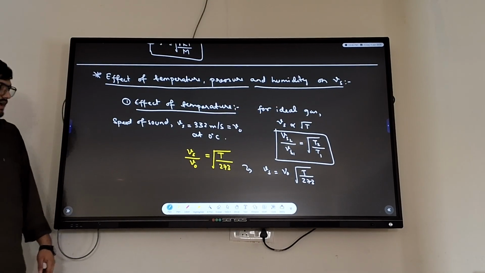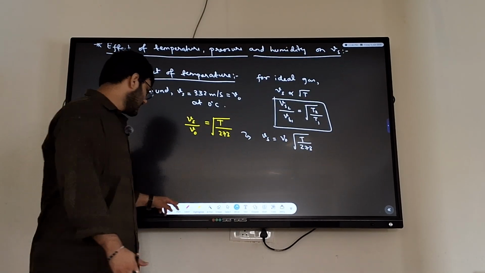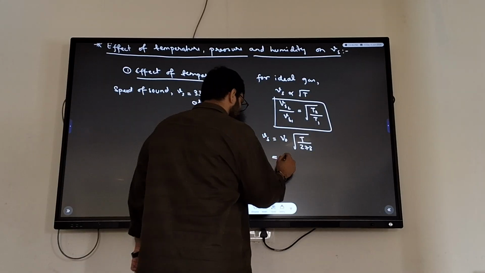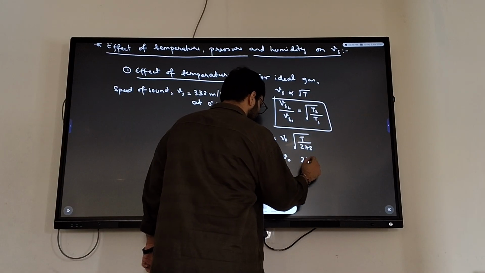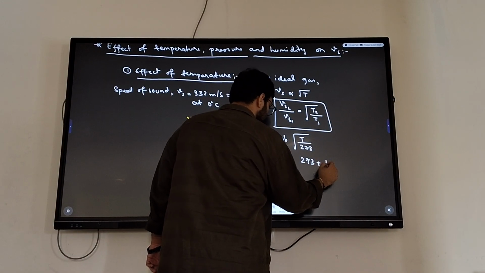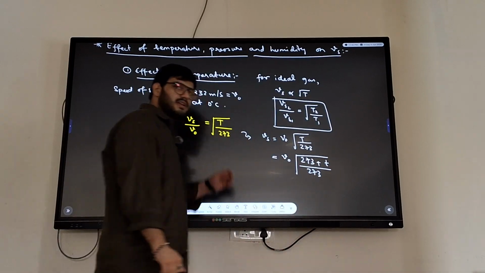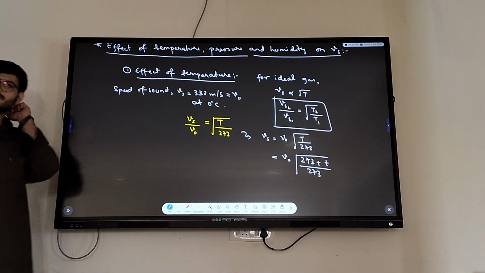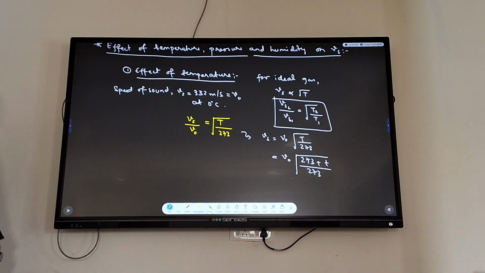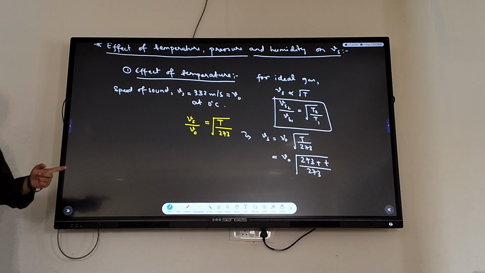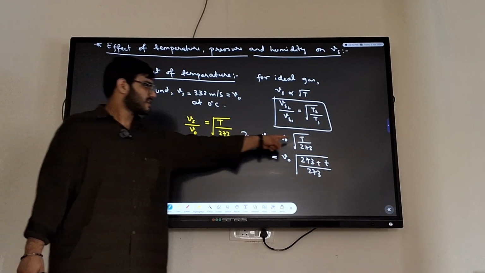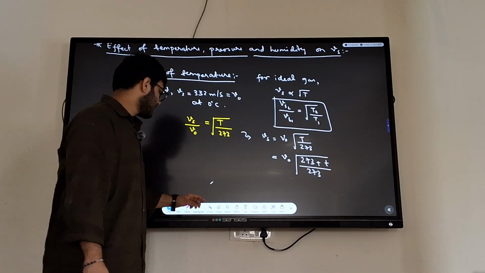Good. I can write that capital T in terms of this as well. T is equal to 273 plus small t. What is that small t calculated in? Celsius. That's calculated in degrees Celsius, right? This was calculated in Kelvin, that's calculated in degrees Celsius.